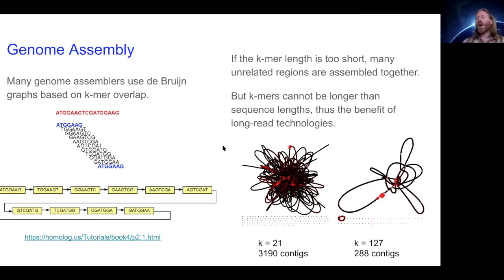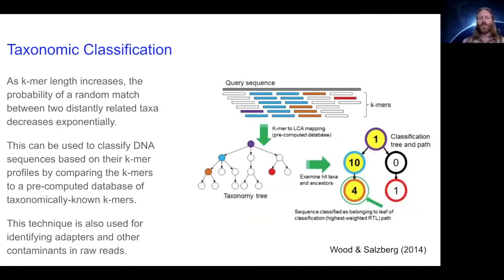So that's where long read technologies come in, and there's a discussion and a new channel opened up on the Slack this morning about long read technologies like Nanopore and PacBio. So if you're interested in those, check that out. They become super helpful for genome assembly because they provide you much longer Kmers, and then you can do scaffolding and stuff like that.